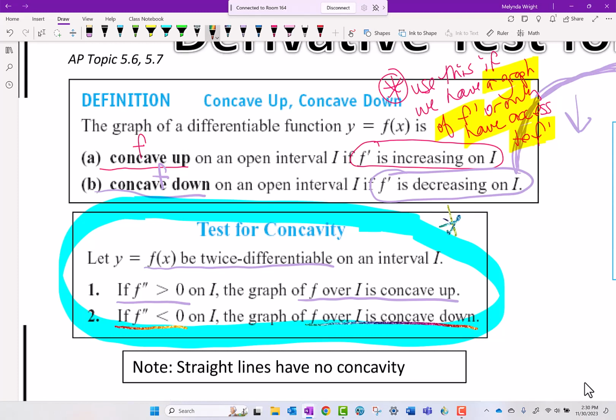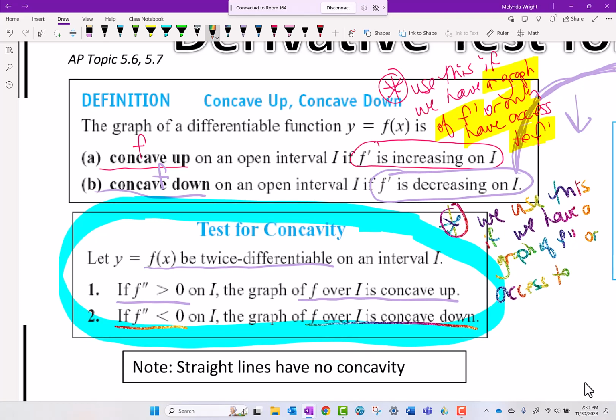We use this one if we have a graph of f double prime, or access to the equation for f double prime. That's when we would use this one.